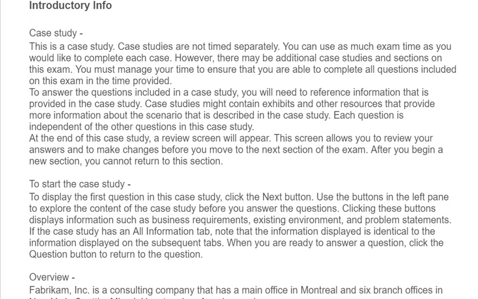If the case study has an All Information tab, note that the information displayed is identical to the information displayed on the subsequent tabs. When you are ready to answer a question, click the Question button to return to the question. These are the instructions for the real exam.